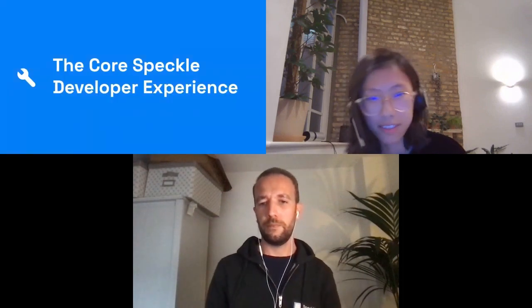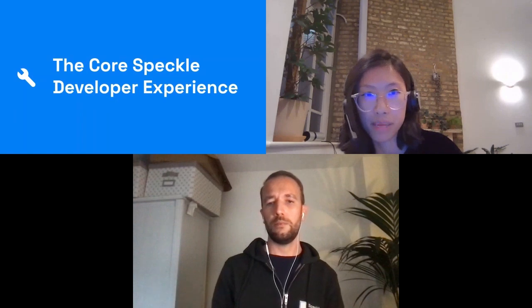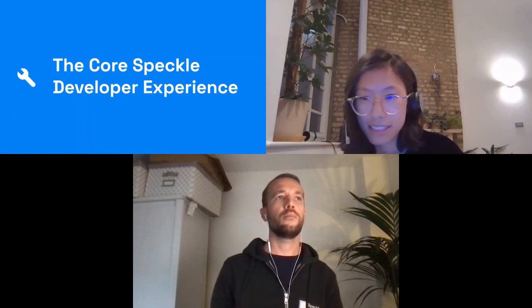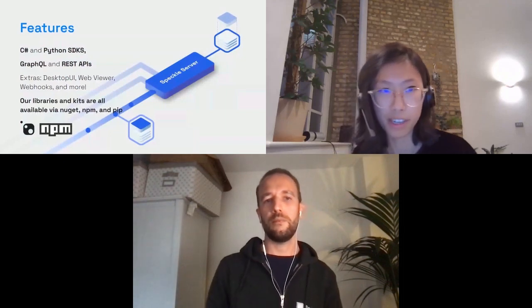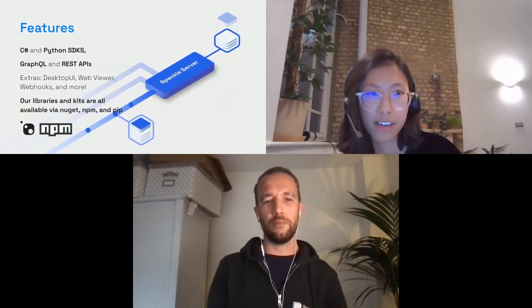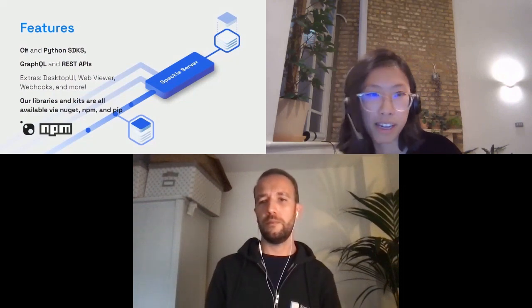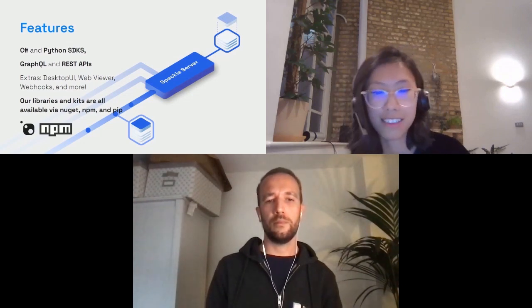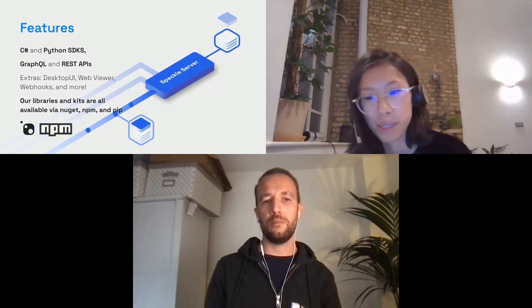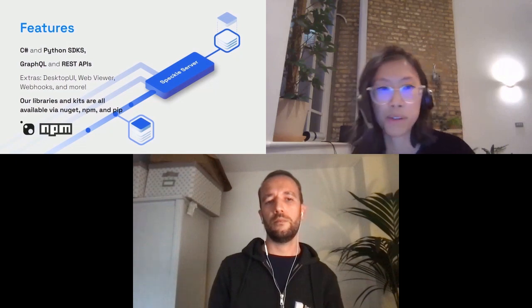So we're going to spend a little bit of time talking about what the core Speckle developer experience is before getting into our app demos. To summarize, the features that we offer are, as mentioned, our C# and Python SDKs. We have GraphQL and REST APIs. And then on top of that, we have a bunch of extra goodies on the side. The desktop UI that you see being used in some of our connectors like Rhino and Revit is available as a separate package.